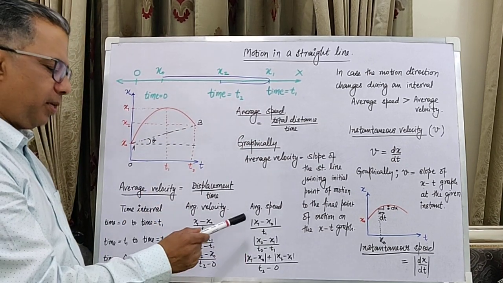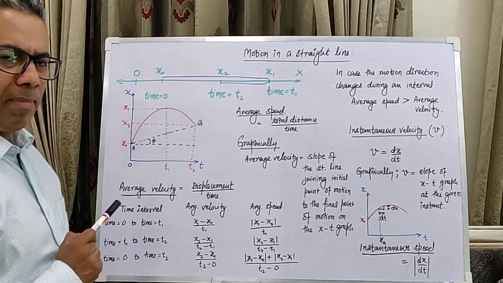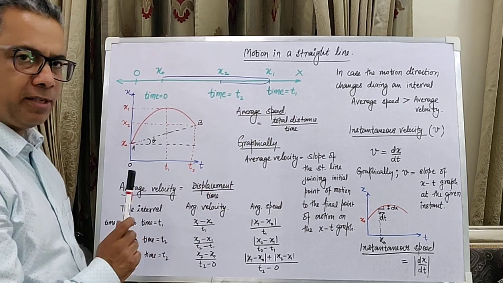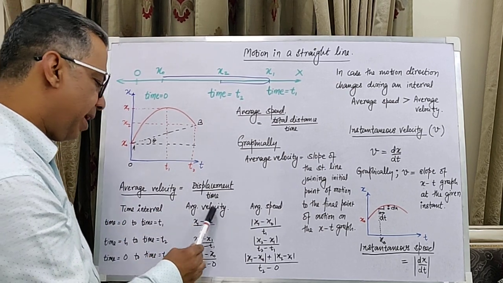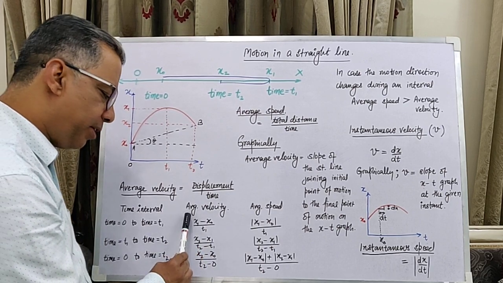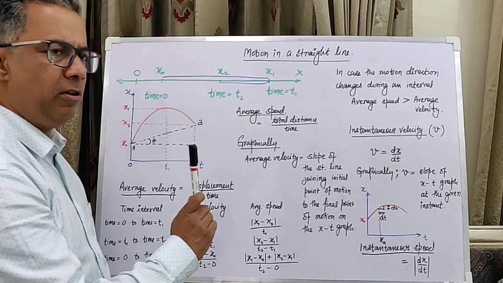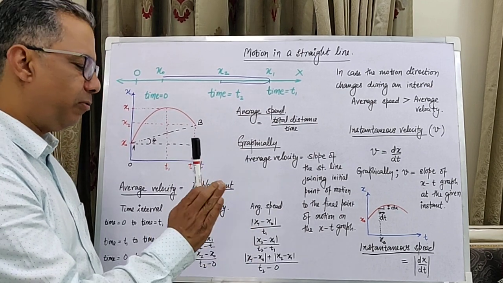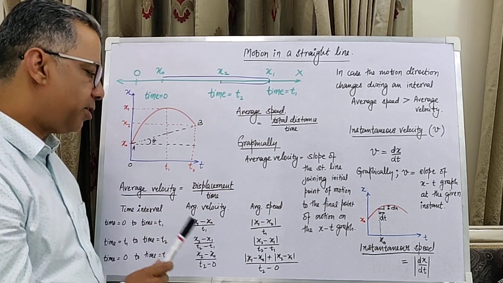Now you will notice that the average speed here has the same magnitude as the average velocity. The only difference being that the average velocity will be depicted with a positive sign here, whereas with average speed we do not bother with the sign. The sign here shows the direction.